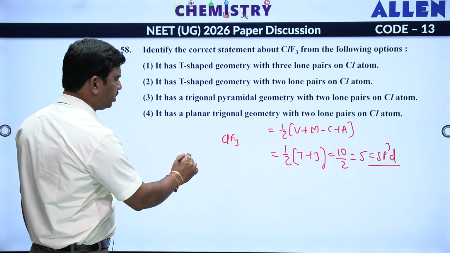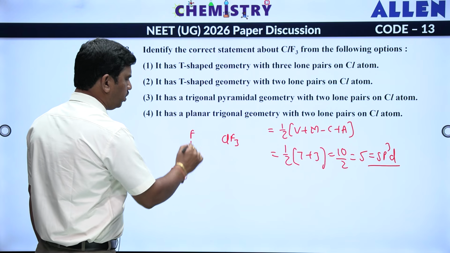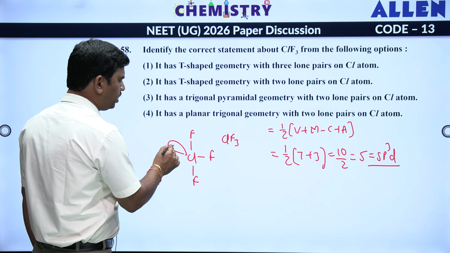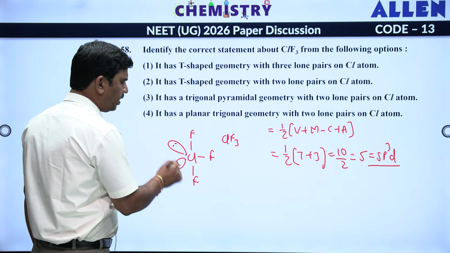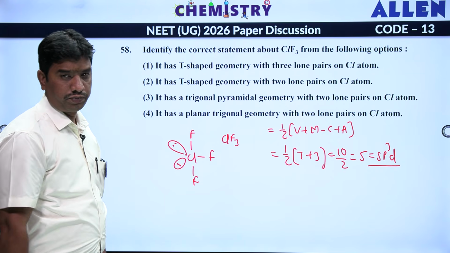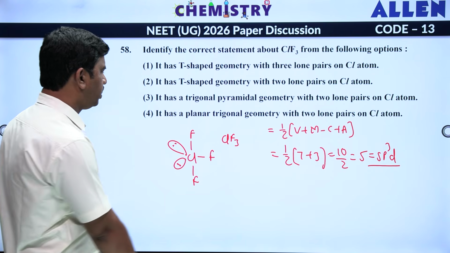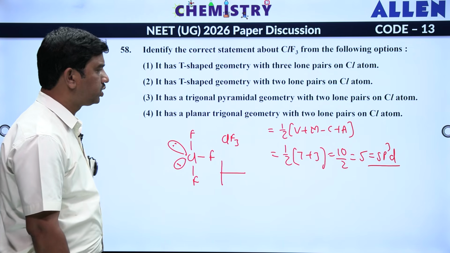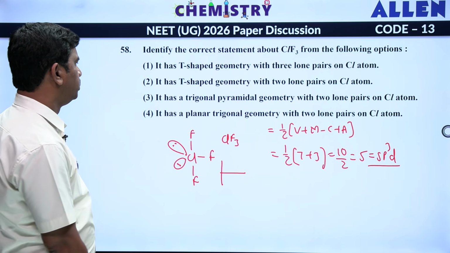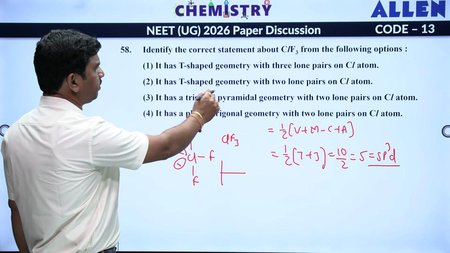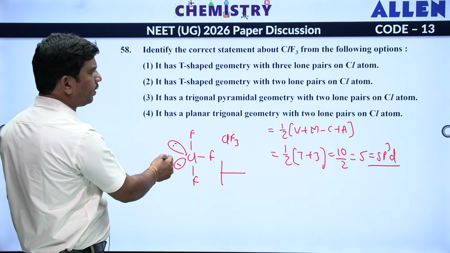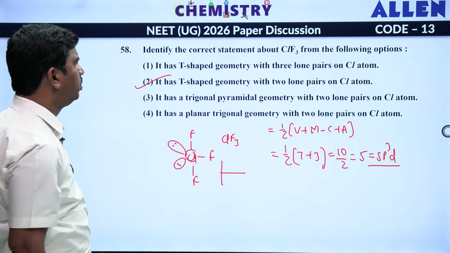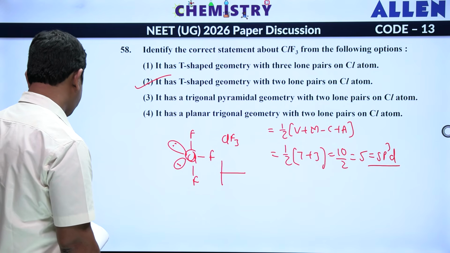In sp3d hybridization of chlorine, 2 are axial and 1 is equatorial, and still 2 lone pairs are available on the chlorine atom. So this is nothing but T-shape geometry you are getting. So they mentioned geometry T-shape. This is T-shaped geometry with 2 lone pairs on the chlorine atom, which is correct. So option 2 is the correct answer for 58.